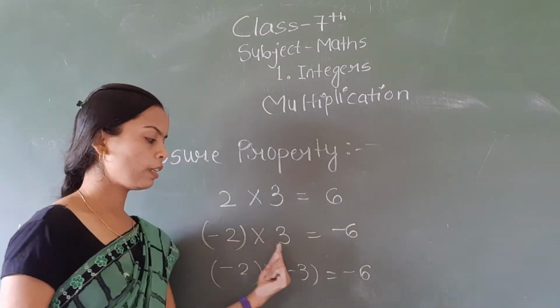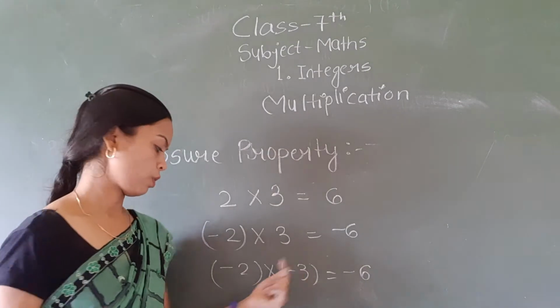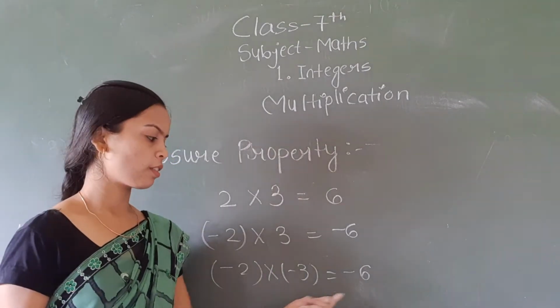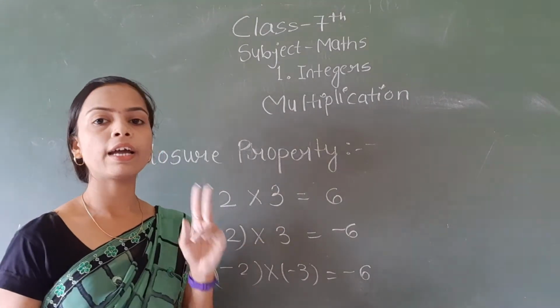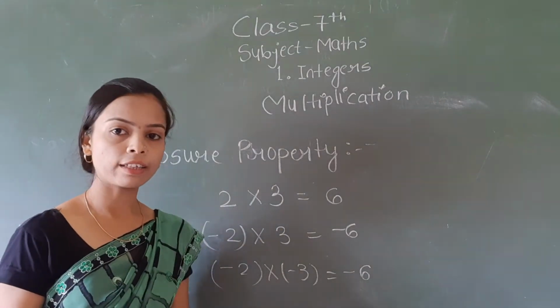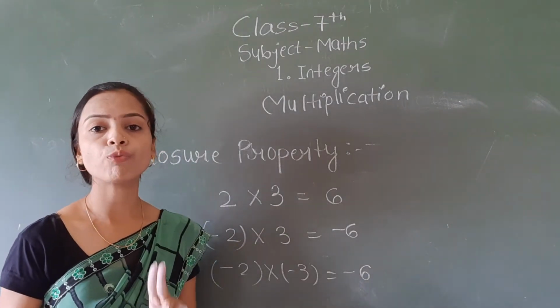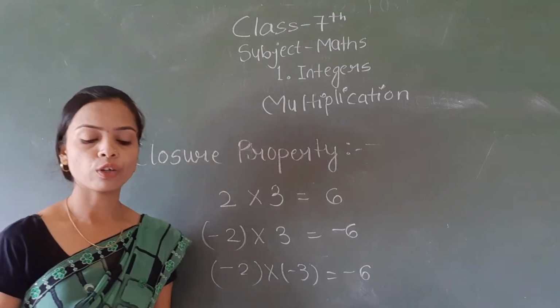Minus 2 is an integer, 3 is an integer, and minus 6 is again an integer. Minus 2 is an integer, minus 3 is an integer, and 6 is also an integer. That means if we multiply an integer with another integer, our answer is always an integer. That means closure property follows for multiplication.